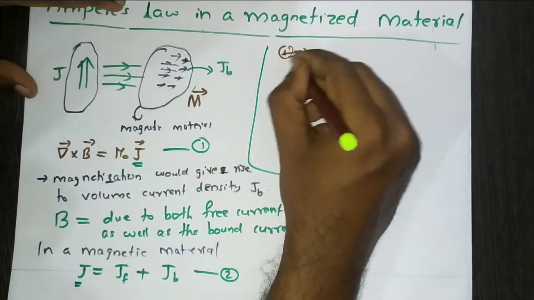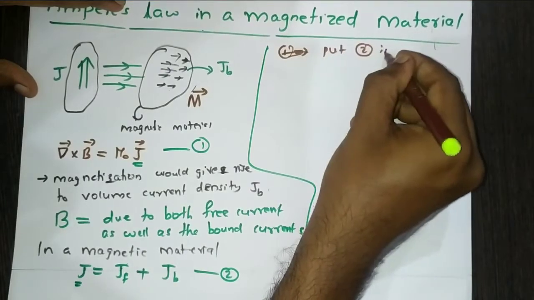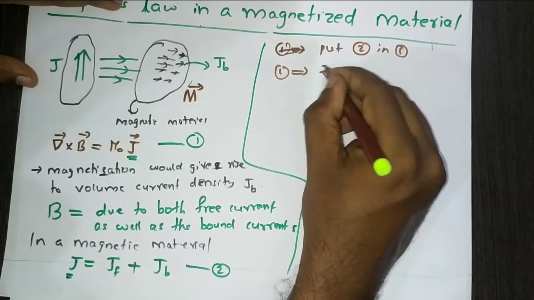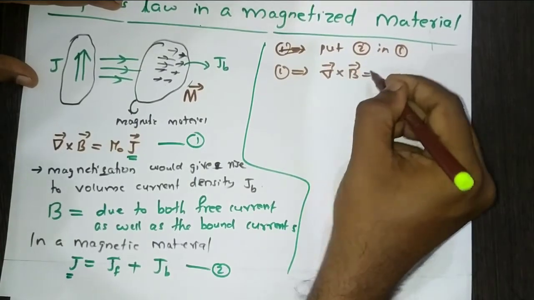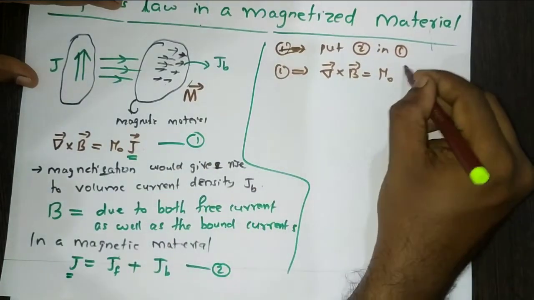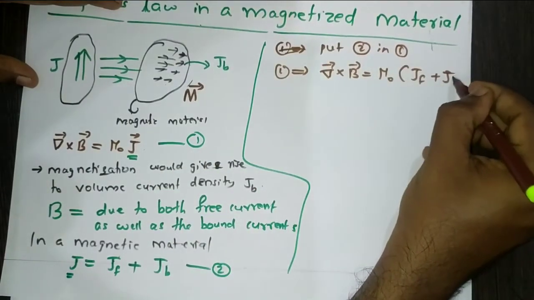Then you need to put 2 in 1. Then equation 1 can be written as del cross B is equal to mu 0 into, instead of J, substitute JF plus JB.